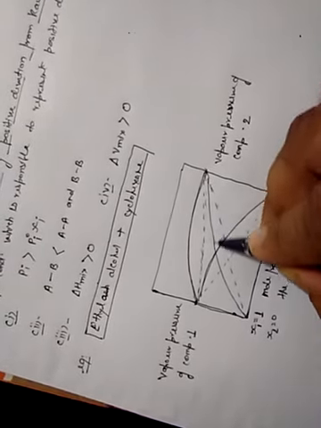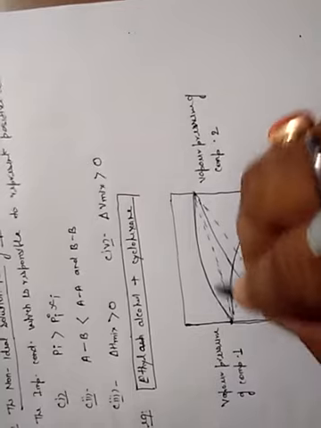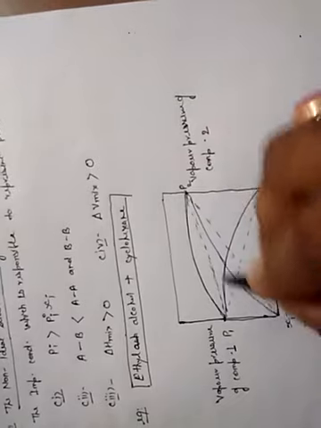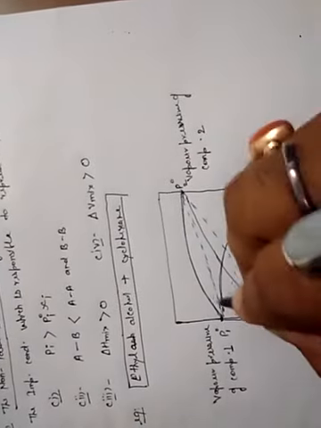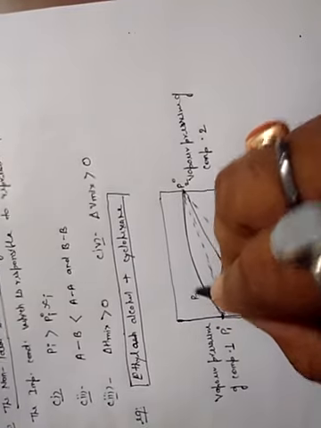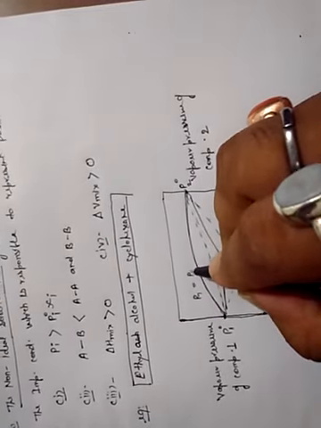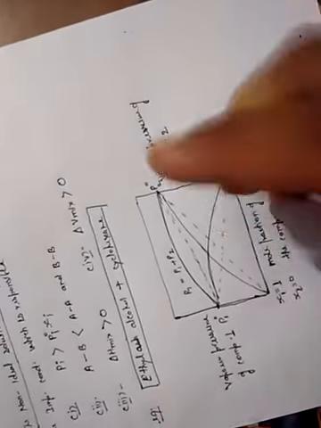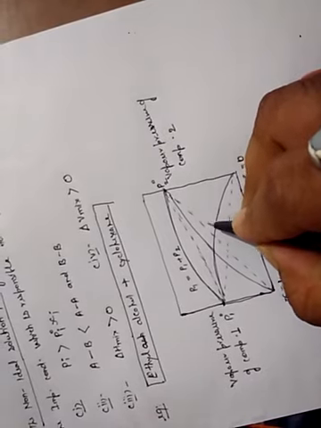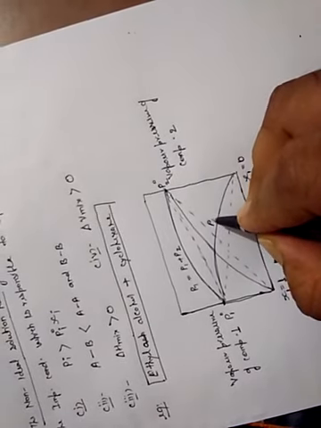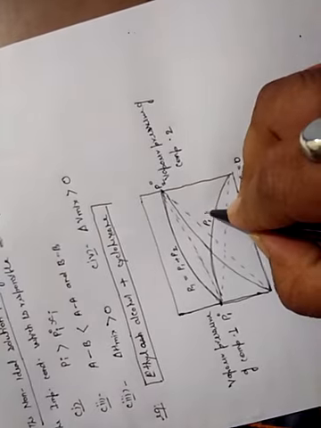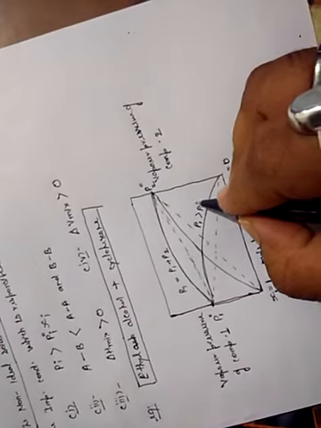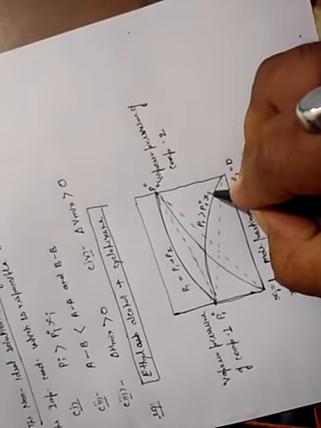In the same way, this axis represents the pure vapor pressure of components 1 and 2. This axis represents P total, which is equal to P1 plus P2. This curve represents the positive deviation from Raoult's law, meaning the partial vapor pressure of component 1 is higher than the expected value, a greater value than that given by Raoult's law.